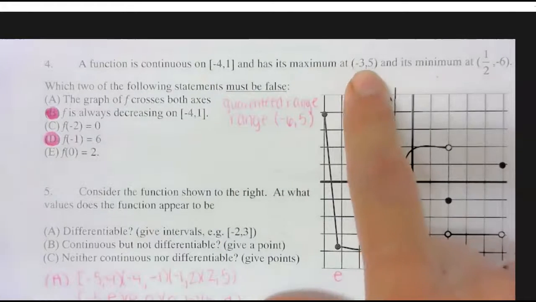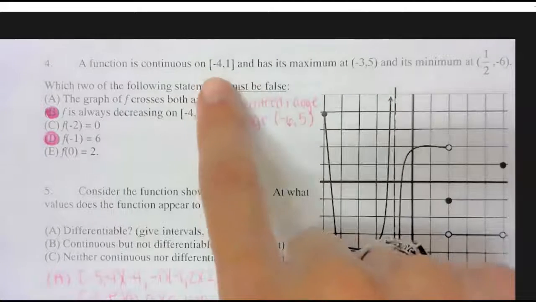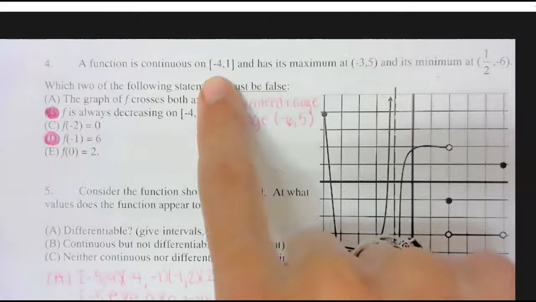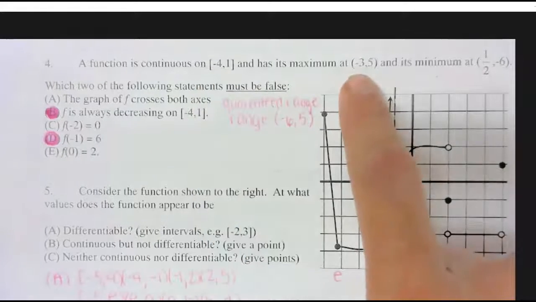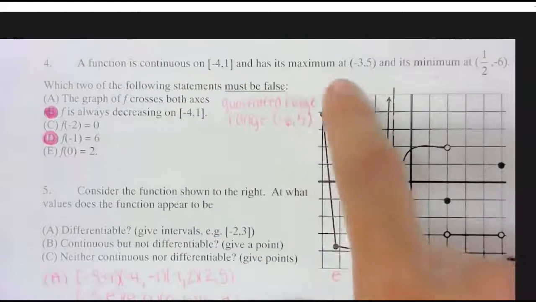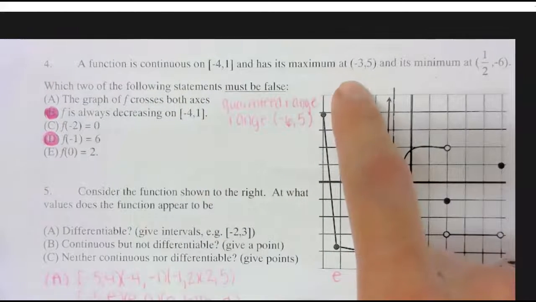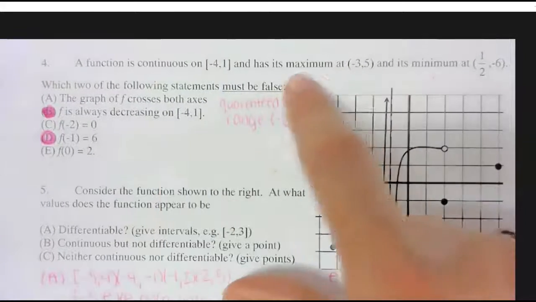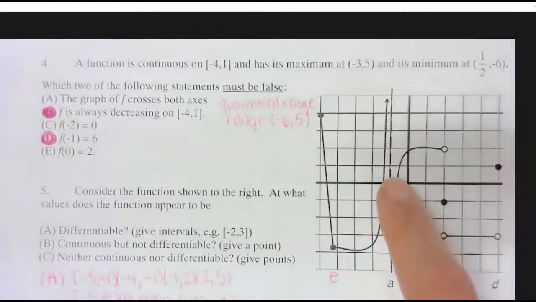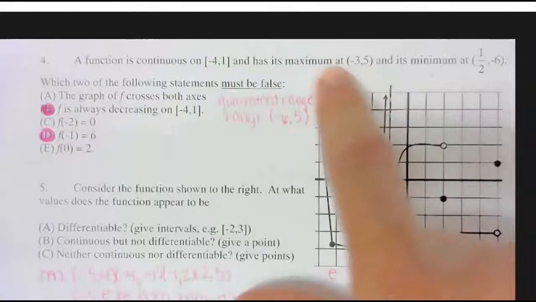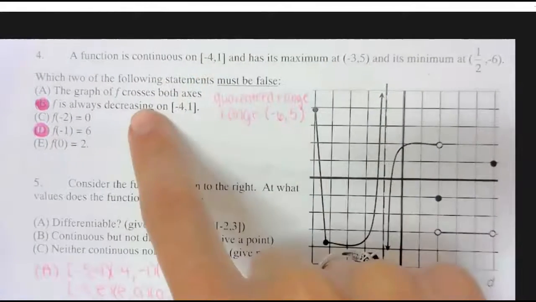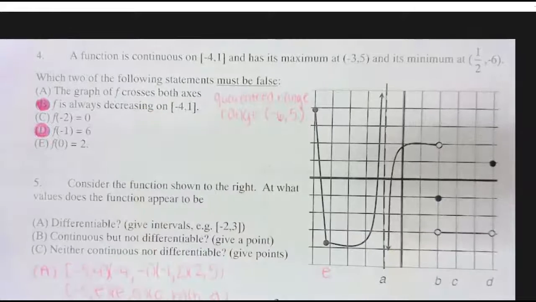So if the max is at -3.5, but the interval starts at -4, that means from -4 to -3, my graph had to be increasing. In order to have a max, it has to go increasing, decreasing.